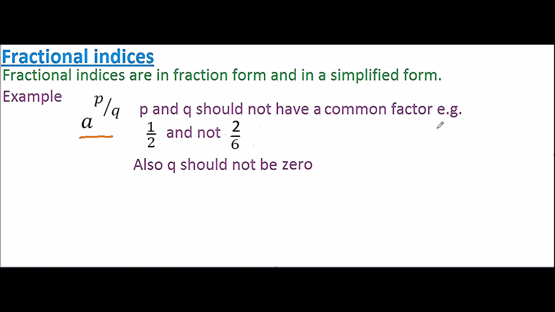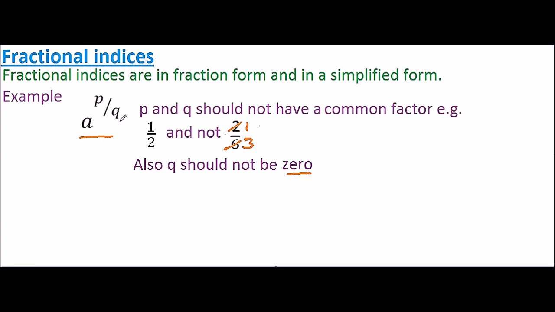For example, it should be a number like a half, and not 2 over 6, because this can be simplified further to a third. At the same time, q should not be 0, because when you divide a number by 0, it is undefined.